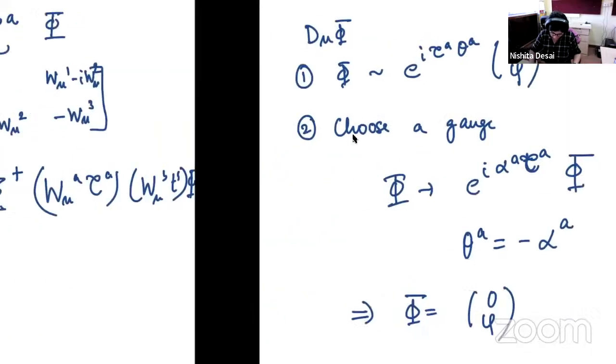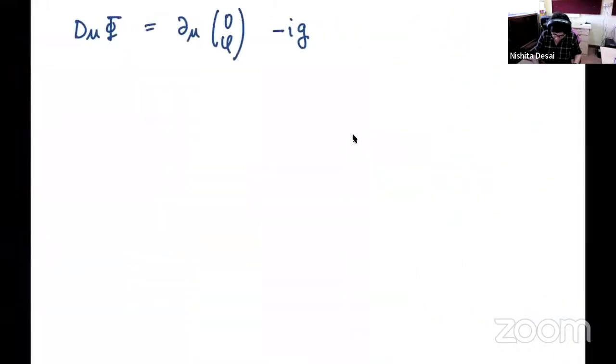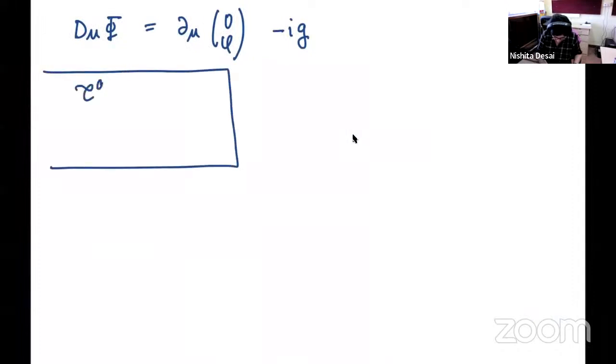So that looks like phi. So let me put this in here. Now your sigma are Pauli matrices, right? So these are the generators.